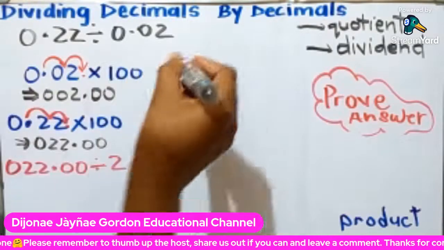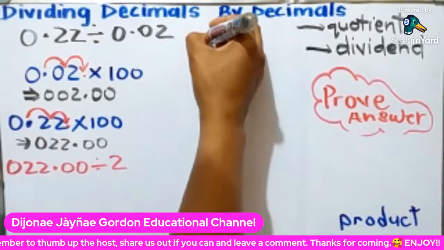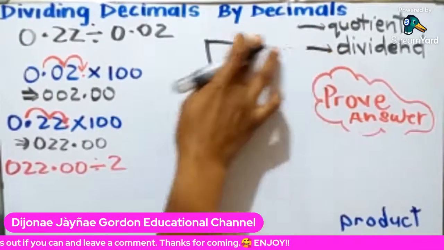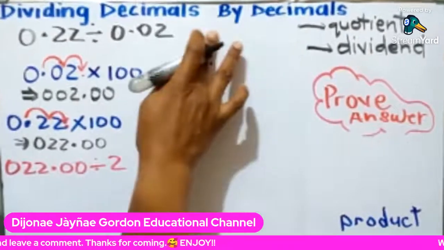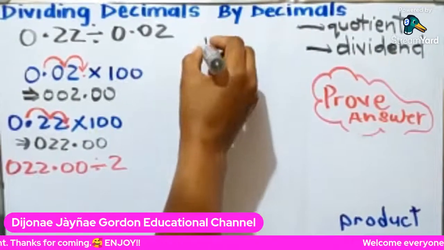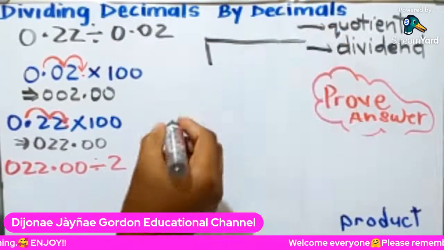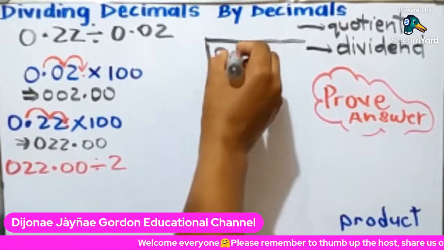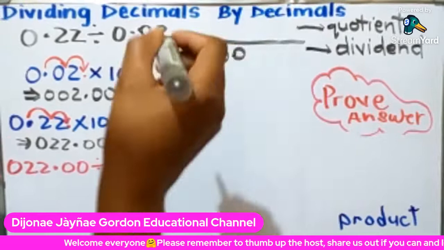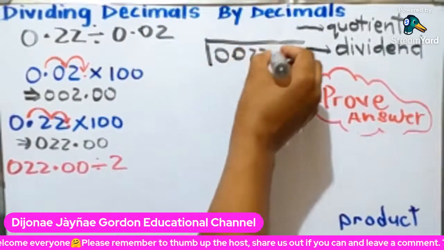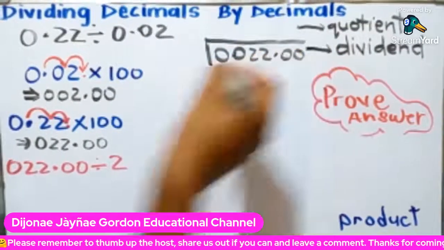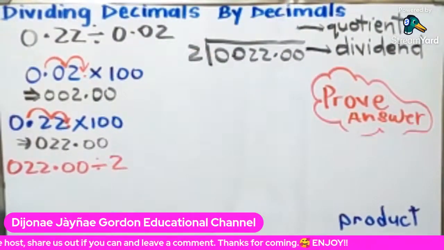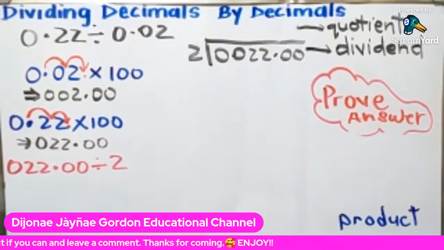So here I'm going to set the problem out. We have 0.22.00, and we're dividing by 2.